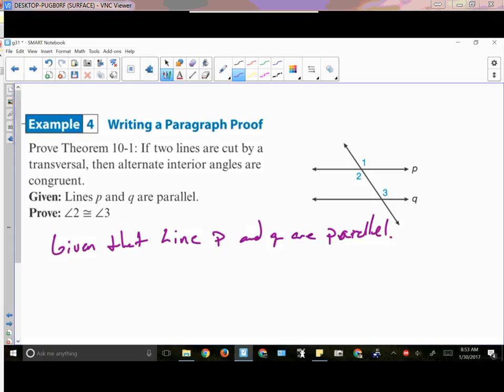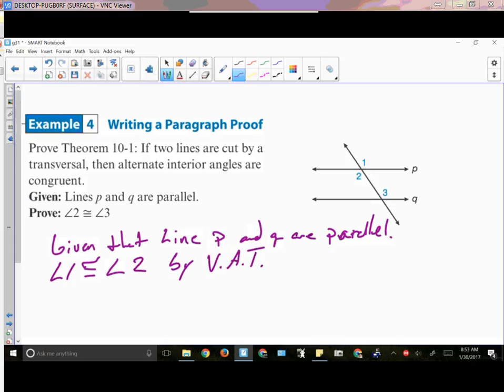Could I say 1 and 2 are congruent? And that would be because of what? Vertical angle. So, I mean, state what's there. I see that 1 and 2 are there. Okay, so we know that angle 1 is going to be congruent to angle 2 by vertical angle theorem.